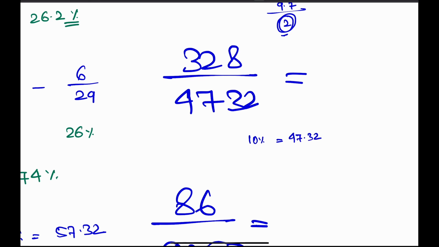If I just multiply by 1%, actually 1% is this much. 7% would be 329 approximately. So I can say that it will be 6.9% approximately.